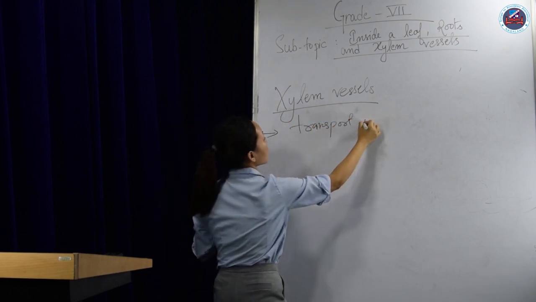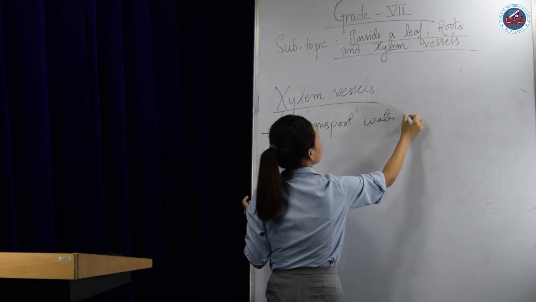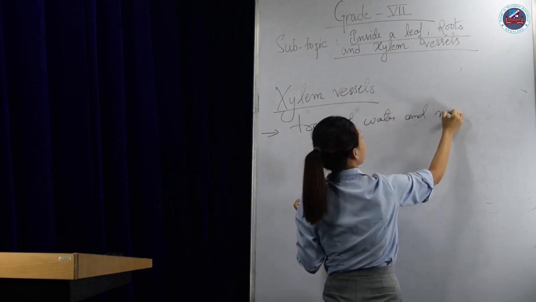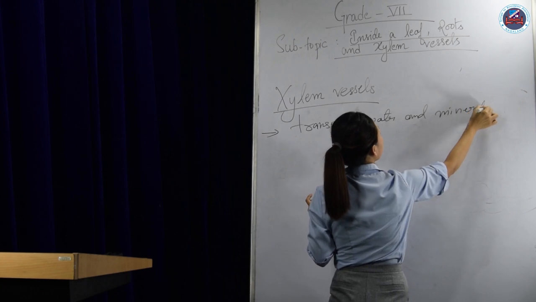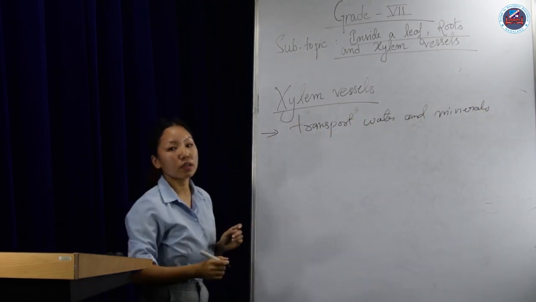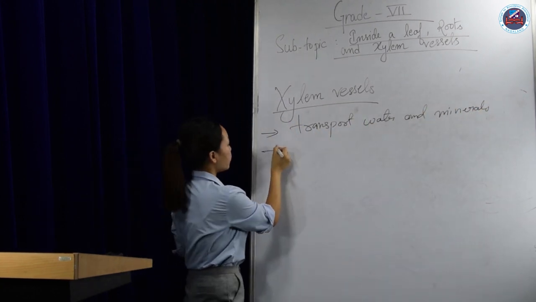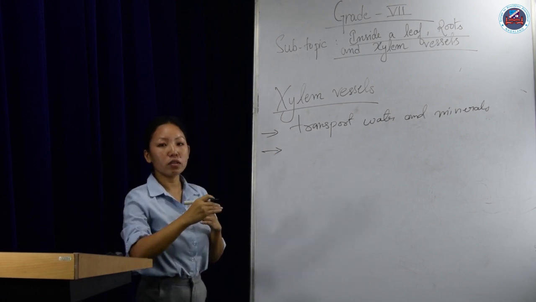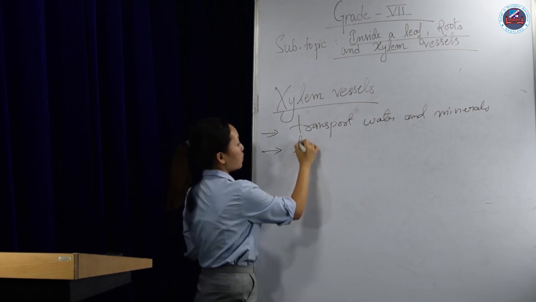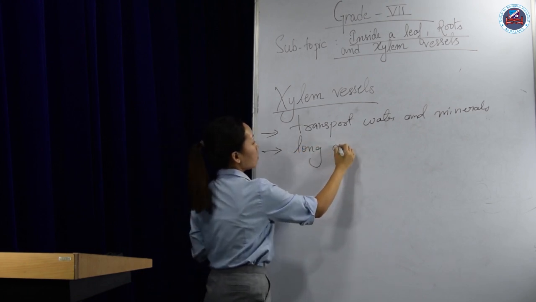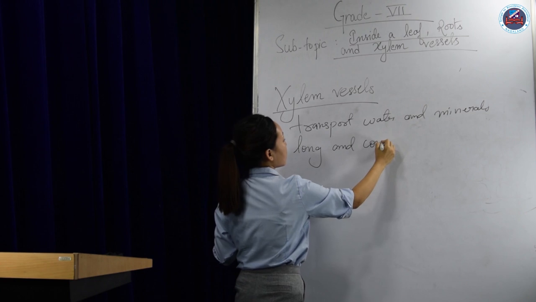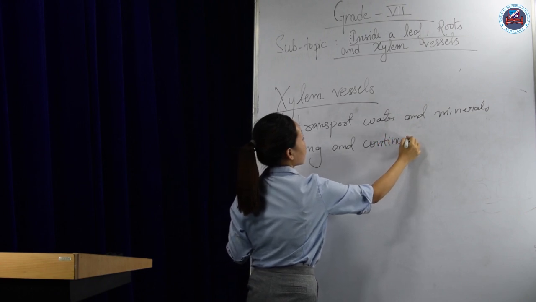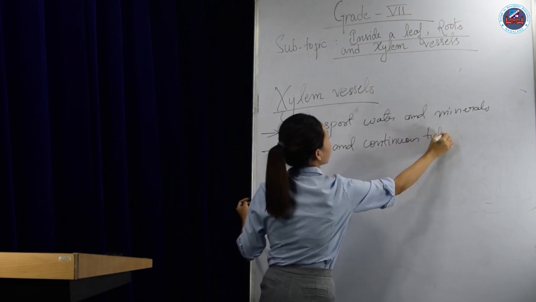Then these xylem vessels are a long and continuous tube.